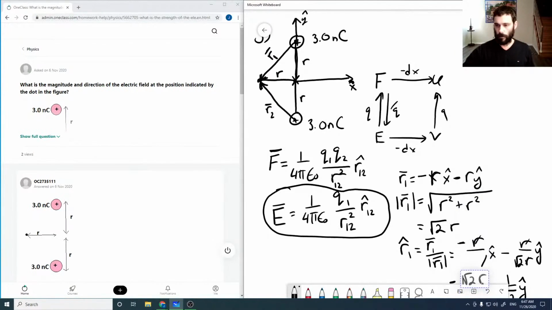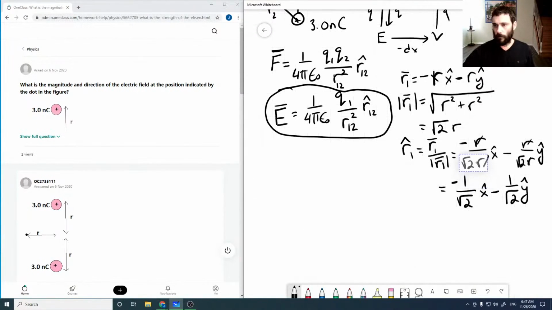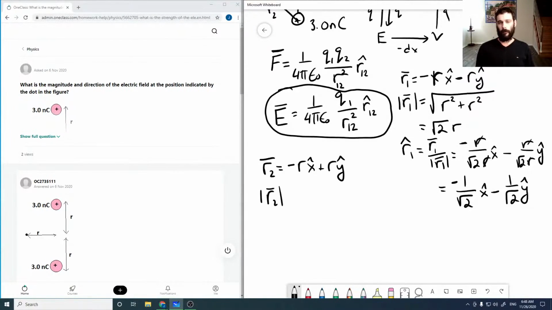The magnitude of R2 is just root R squared plus R squared, so just the X component squared plus the Y component squared, which is root 2 R.